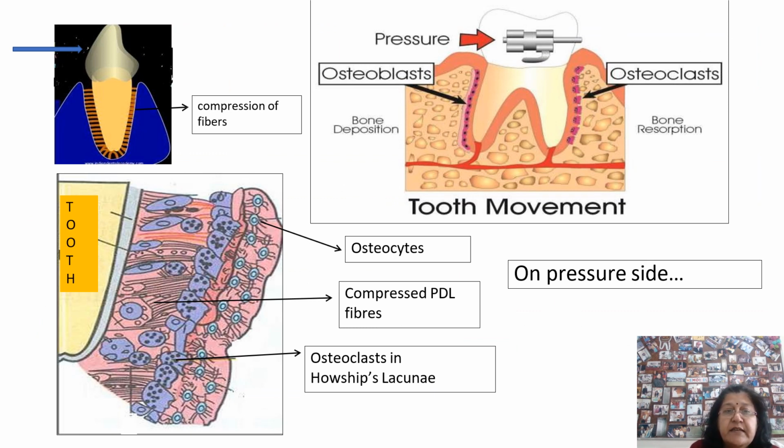So it can be seen that when force is applied, there is compression of the fibers, an area of pressure is created, and osteoclasts line the bone and lie in Howship's lacunae and cause resorption, or direct resorption, of bone.